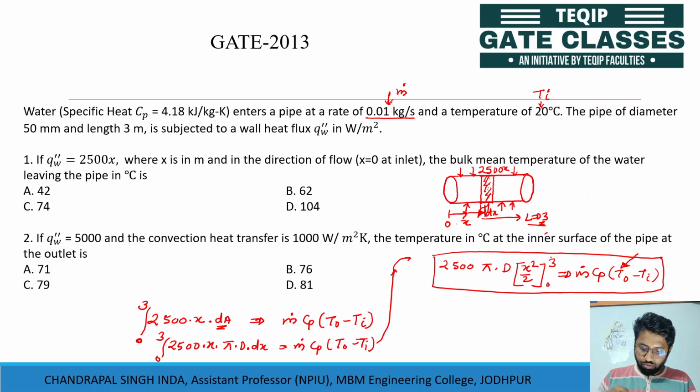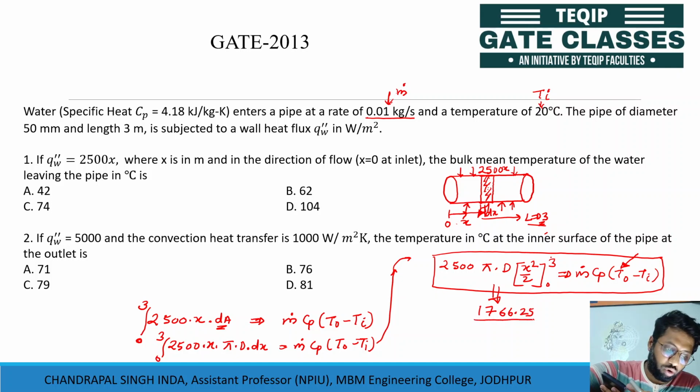As the value of diameter is given as 50 mm, we have to divide it by 1000. So here this term is going to be equal to 1766.25 in watt. This will be in watt as the heat flux is given in watt per meter square.